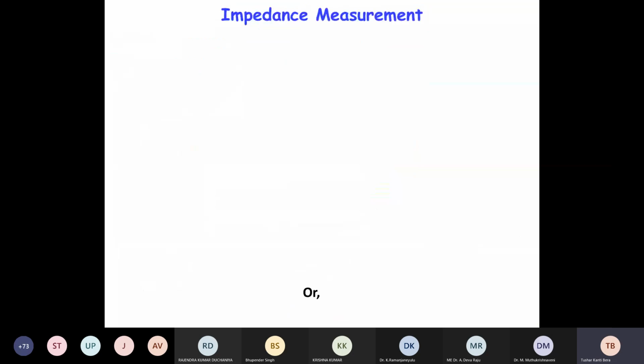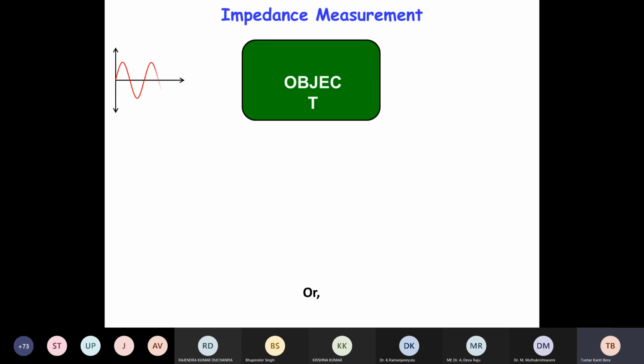Okay, so we have already discussed that. Now if we have some unknown object, and that object is required to be studied, we will inject some alternating signal, which is represented by the red sinusoidal curve. Now we can apply the voltage and measure the current, or we can apply the current and measure the voltage.